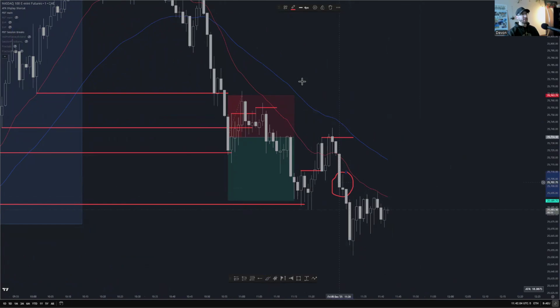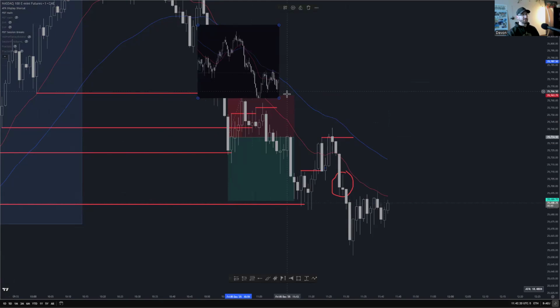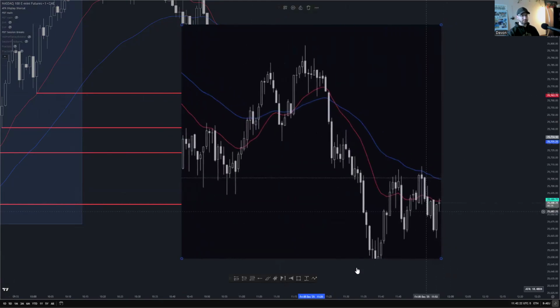If you went to a lower time frame here, let me see if I can pull up my chart. This is going to be on my TopstepX. Look what happens. This is that area right there.